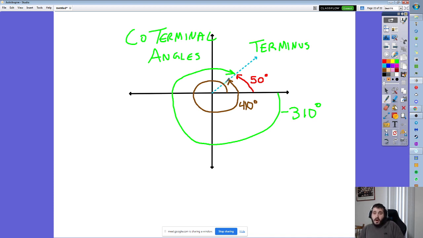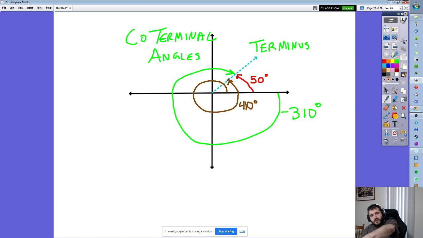But all you need to worry about when it comes to this sort of stuff is, are they some multiple of 360 apart? Like 410 and 50, that's 360 apart. 50 and negative 310, that's 360 apart.